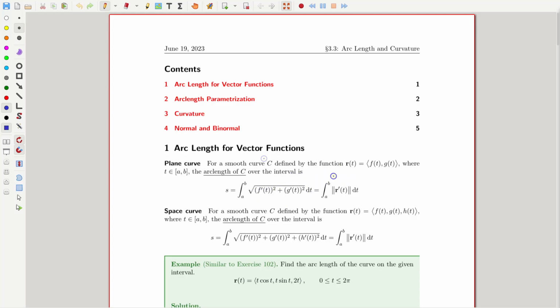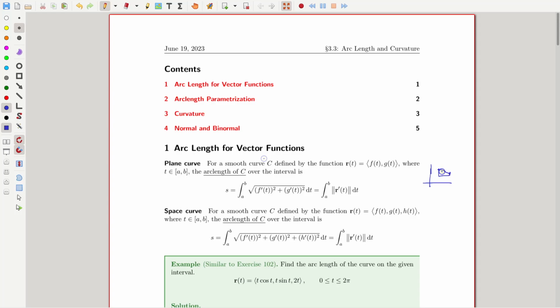There is some intuition behind this, which also probably should have been mentioned when you took Calc 2. The reason this formula makes sense is basically because you're doing the Pythagorean theorem on each of the infinitesimal pieces. Say that you started at this point here, and then you traversed one time step, and then you ended up here. What you could do is measure how far it changes in the x coordinate and in the y coordinate.